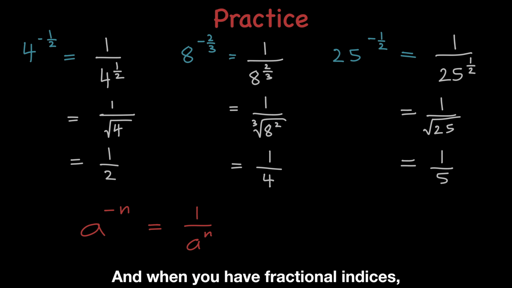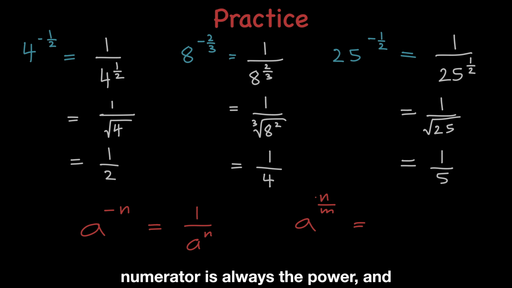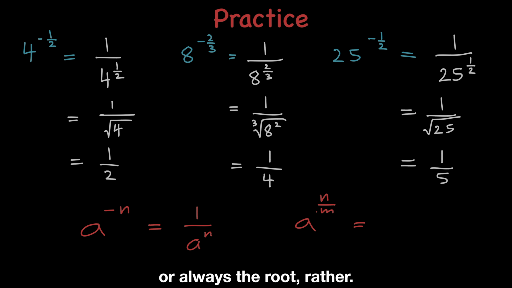And when you have fractional indices, for example, a to the power of n divided by m, the numerator is always the power, and the denominator is always the root. So in this case, a to the power of n, and you're finding the mth root.